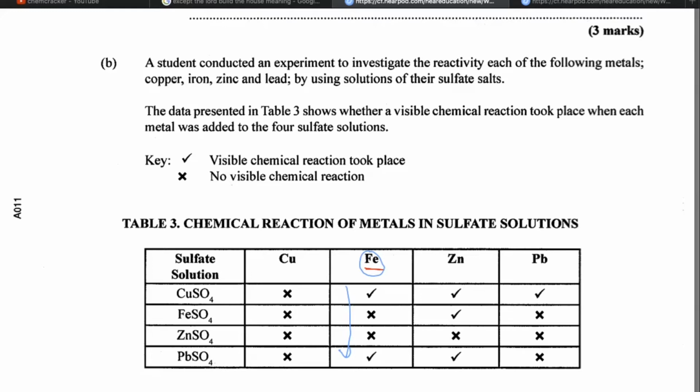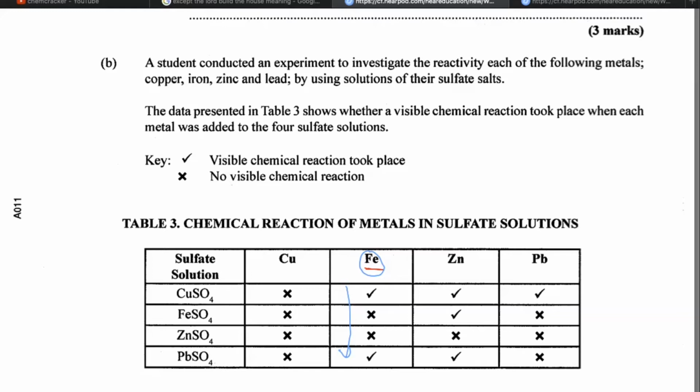There was a visible reaction with iron and copper sulfate. There was also a visible reaction with iron and lead sulfate. So iron would have won for 2. For zinc, there were 3. There was a visible reaction with copper sulfate, with iron sulfate, and with lead sulfate.